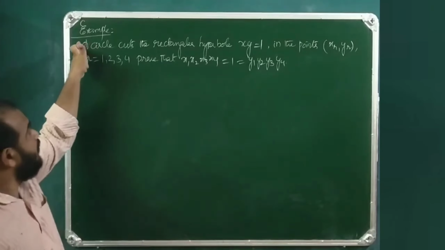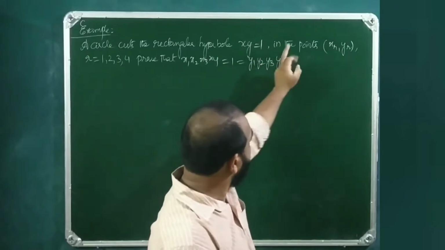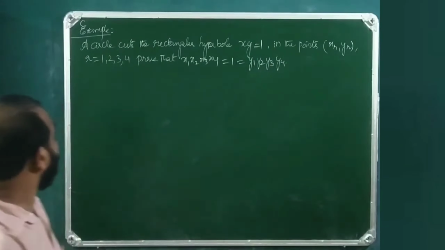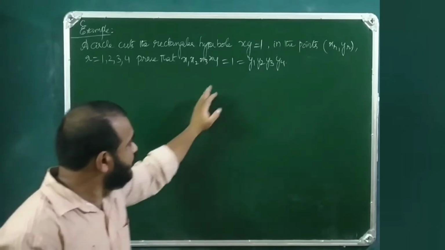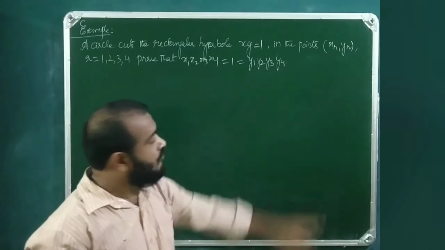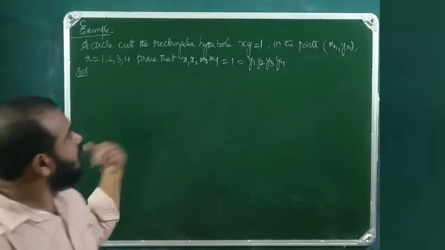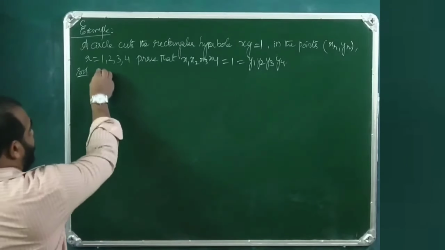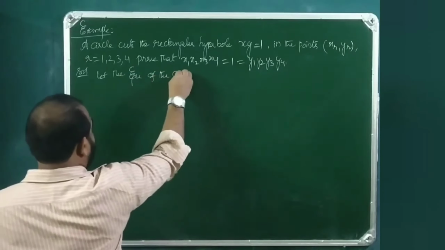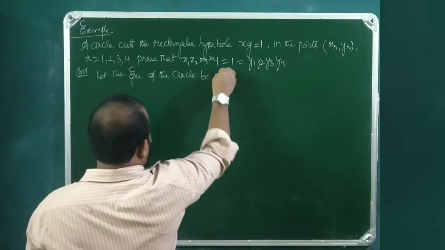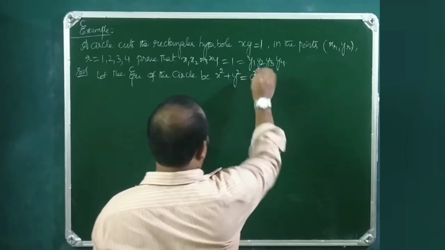Let us see this example. A circle cuts the rectangular hyperbola xy equals 1 in the points xr, yr, where r is 1, 2, 3, 4. Prove that x1 x2 x3 x4 is equal to 1 and y1 y2 y3 y4 is also 1. Since the equation of the circle is not given, let the equation of the circle be x square plus y square is equal to a square.